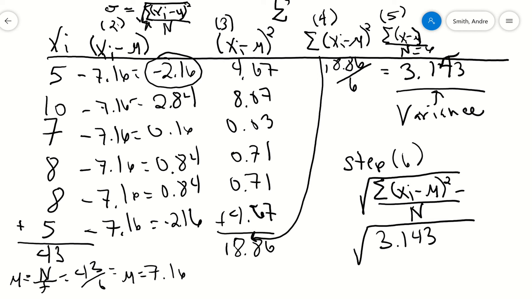So we'll just use the square root function on our calculators, and we will come out with a population standard deviation of 1.77. And I hope my scribble wasn't so bad and everybody can understand, but if you just follow along with it on a scratch piece of paper, you should be able to do it without a problem.